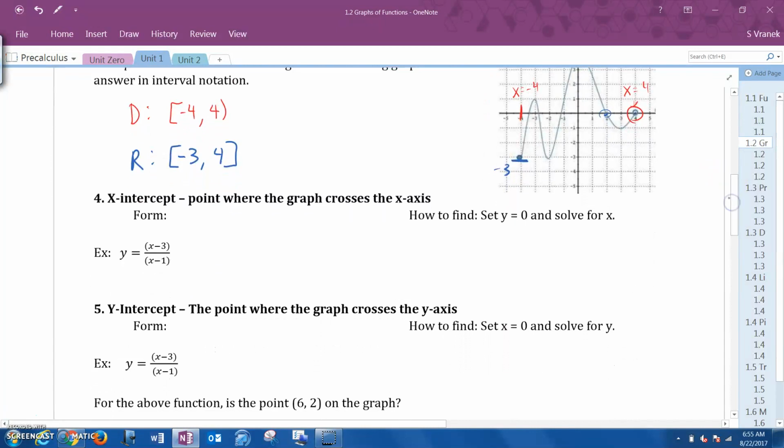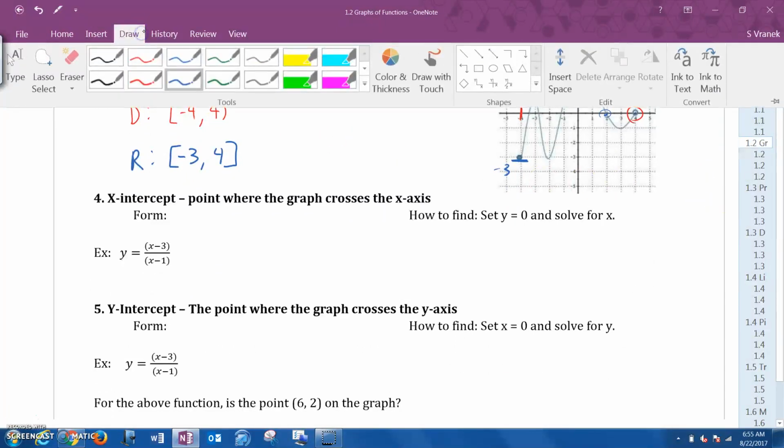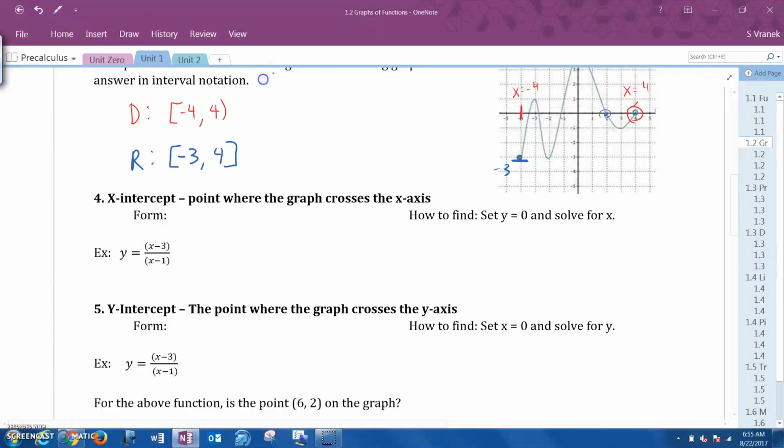This we did on our packet. X-intercept is when the point crosses the x-axis, and to find it, first of all, it's going to be a point that's x comma 0. And to find it, you set y equal to 0 and solve for x. So if I set y equal to 0 for this one, let's do that. I'm going to say 0 is equal to x minus 3 over x minus 1.